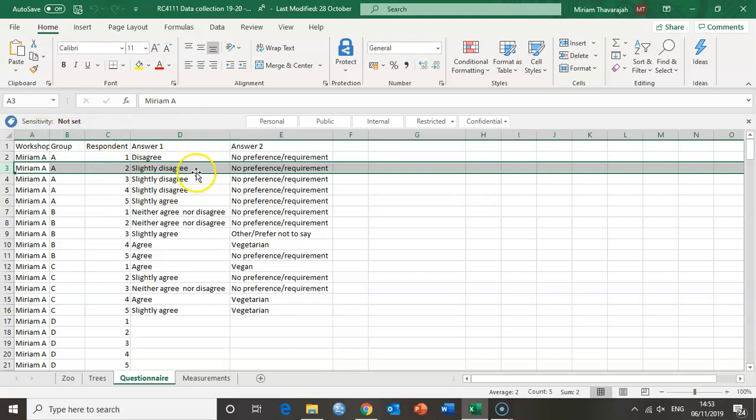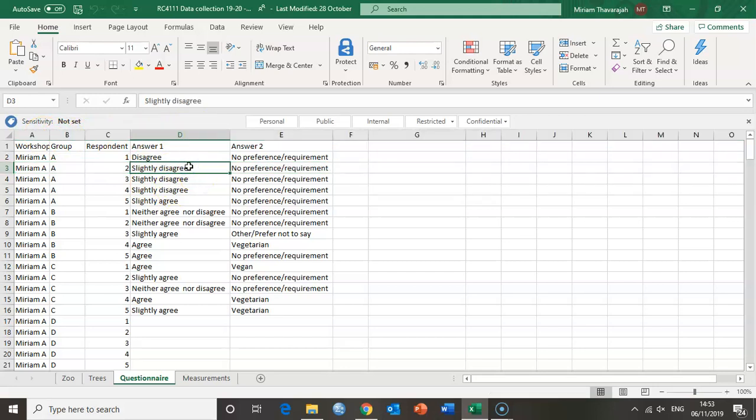From there, I just want to do a really quick recap on types of data, and I want to know from you, before we keep going with a few functions and things to do in Excel, what kind of data is shown in columns D and E. So we have the answer of people to the question of how much they agree on a scale of 1 to 5 with the statement that your individual actions can have an impact on the climate crisis.